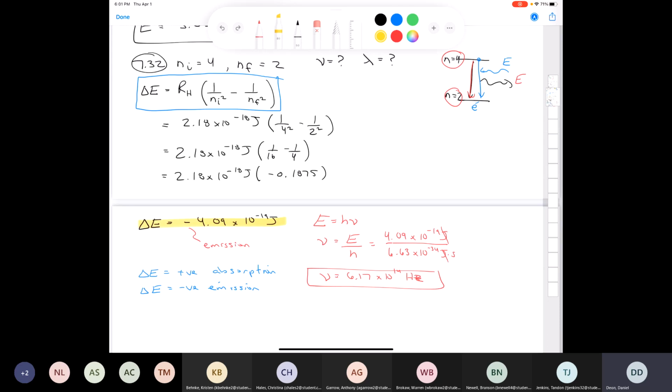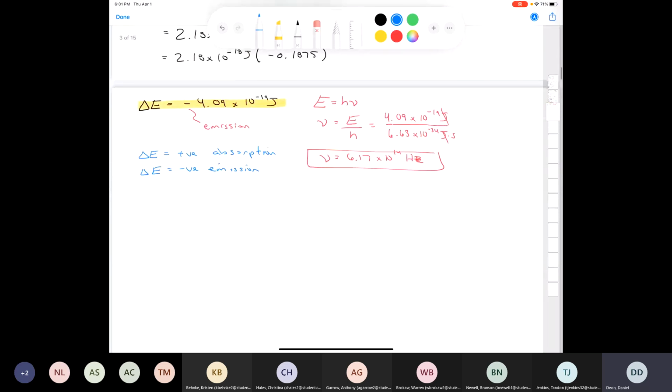But I take the absolute value when I plug it into this equation where I'm solving for frequency, because it wouldn't matter if this quantity of energy came from emission or absorption. It's still going to be associated with the same frequency of light, right? E is equal to h nu. The frequency of light is going to be the same for the absorption or the emission, so it doesn't matter, and there's no such thing as a negative frequency.